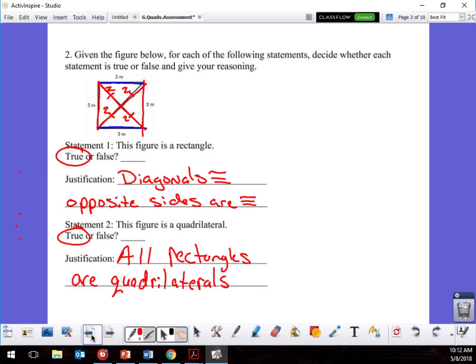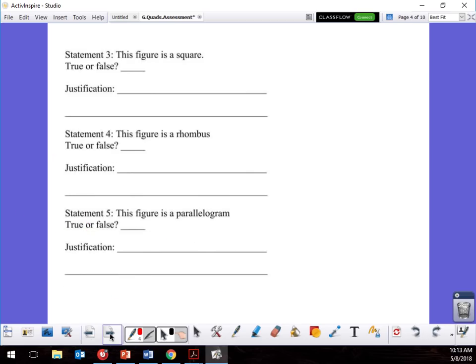Yeah. Are all sides the same? Yes. This one had all those same rules as a rectangle, we just added that all sides are the same. So I would say, yes, that one's going to be true. My reason is 4 congruent sides.